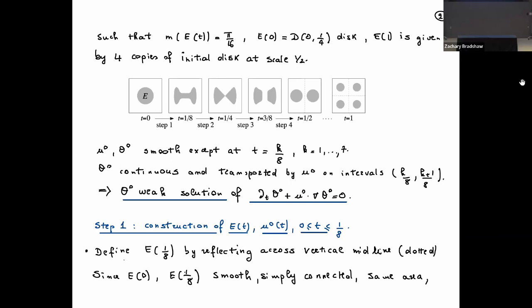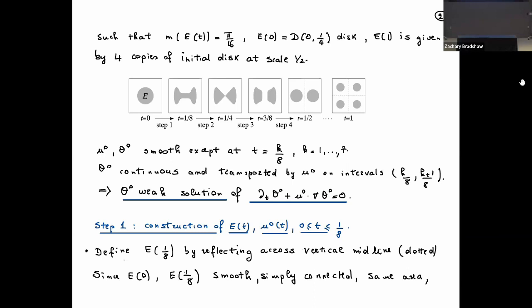And I want a shape like this, okay? In particular, at time t equals 1/8, this shape will have a mirror symmetry. So it will be obtained by reflecting across the dotted lines here, okay? And going from here to here, the evolution is smooth.